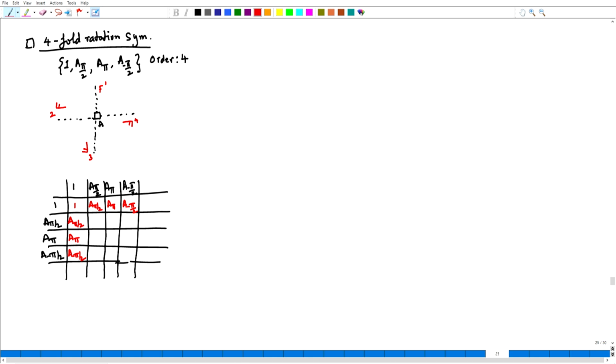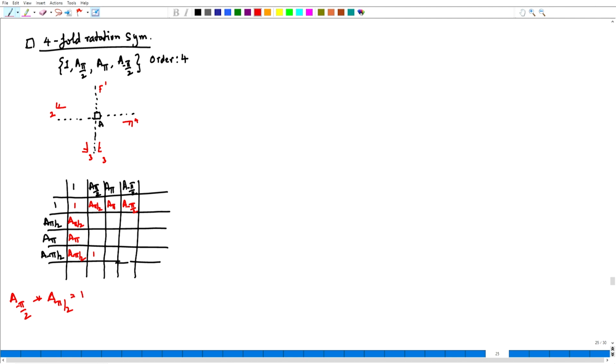Now, let us see where I can put the identity operations other than the first cell that is already filled. If I look at a pi by 2, so I rotate by 90 degrees counterclockwise, follow it up with a minus pi by 2. So, counterclockwise 90 degrees followed by clockwise 90 degrees cancels the rotation, and hence this will produce the result of identity.